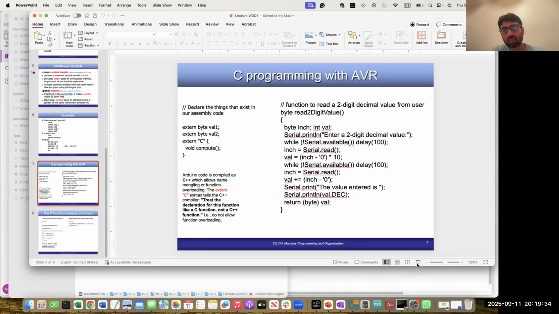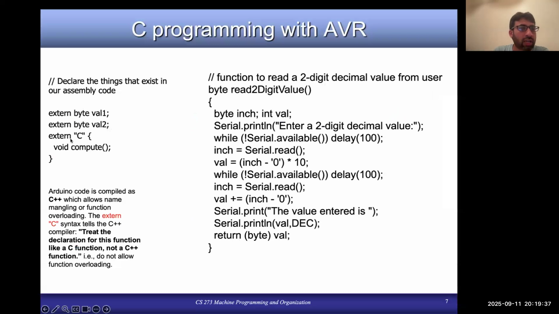One was this question: when we are writing our code in the Arduino IDE and here we write extern "C", what is the meaning of C? When we define a function in assembly with the name compute, and in the main .ino file we put the C after extern, what is the meaning of the C? I said that most probably we are telling the assembler that this code is written in C. This was a correct understanding, but there is a bit more detail which I want to discuss.